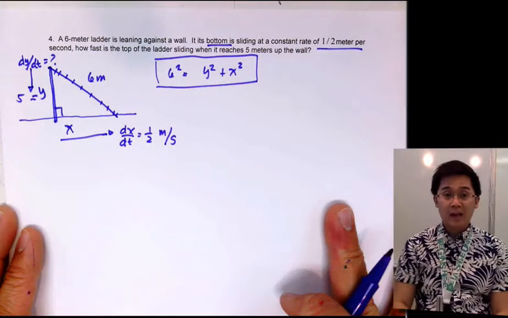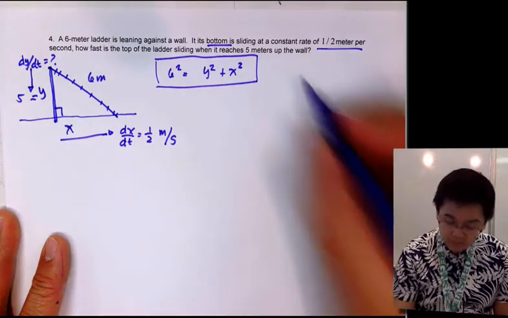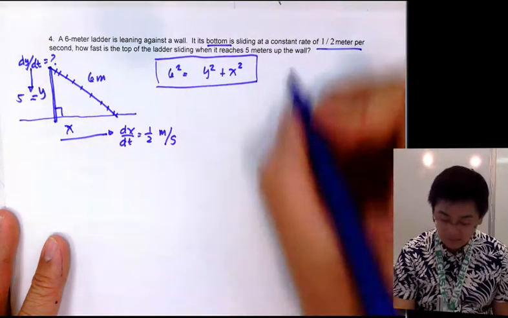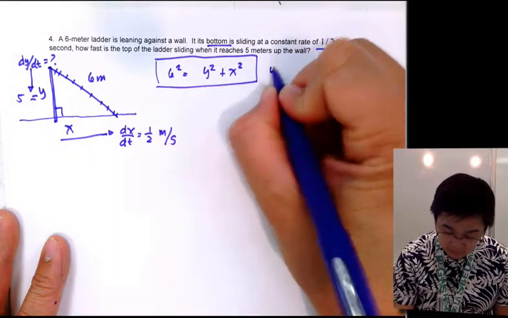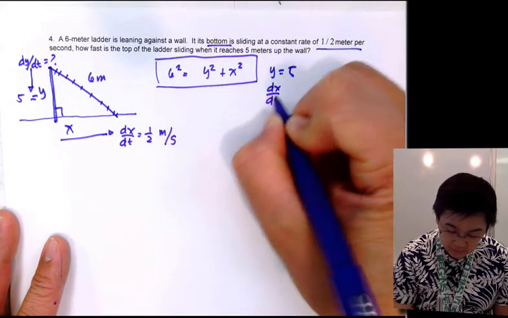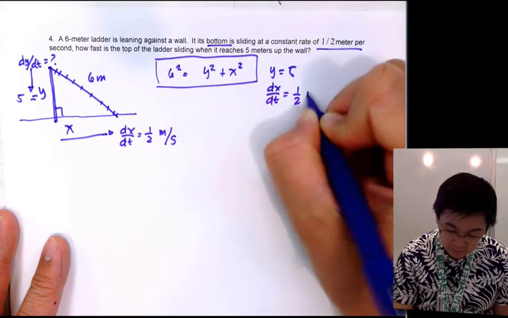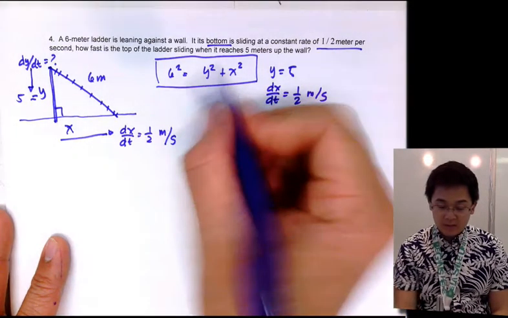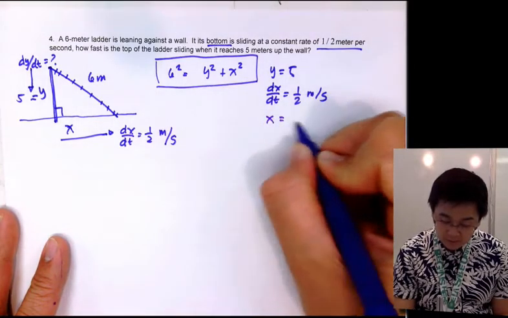So now that we have set up our illustration, we can now organize our values. We are given the y value, which is 5. We are given the dx/dt, which is 1/2 meters per second. Now, using the Pythagorean theorem, we'll be able to find the value of x.